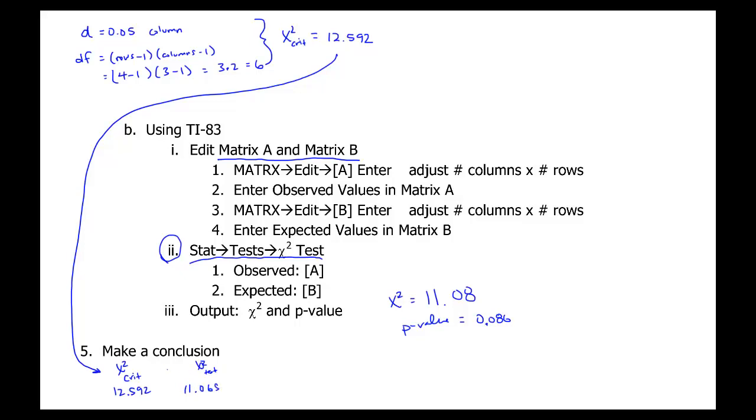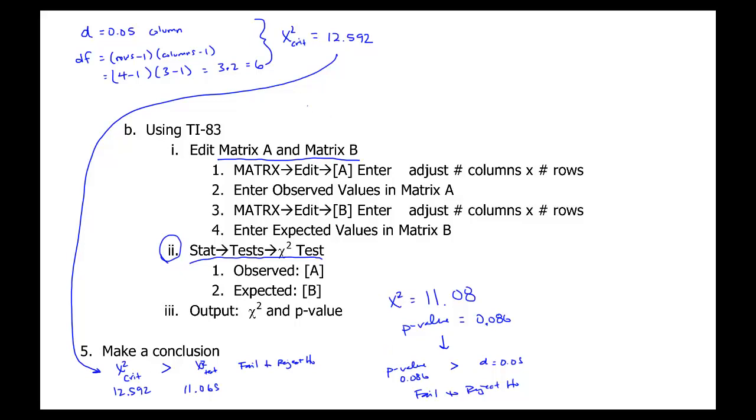And you can see that our chi-squared for the test was less, so that's a fail to reject the null hypothesis. Over here we have a p-value to work with. And alpha is 0.05. So our p-value is greater than alpha, which is another fail to reject the null hypothesis. So it doesn't matter which way we do it.